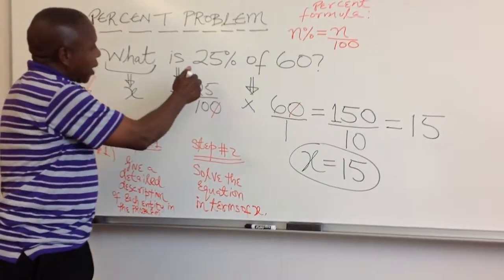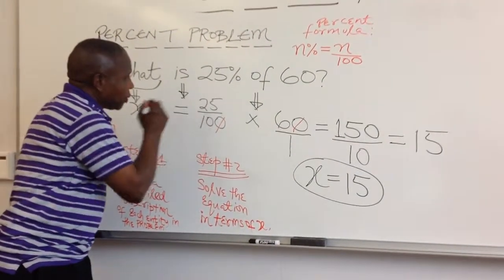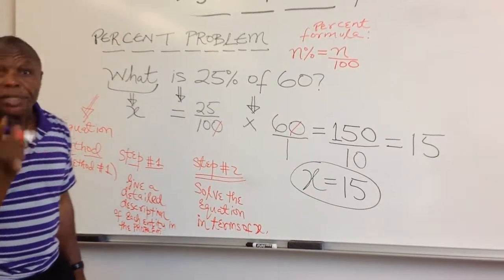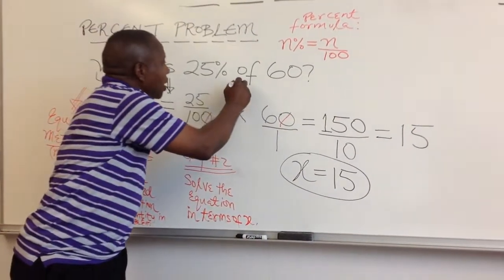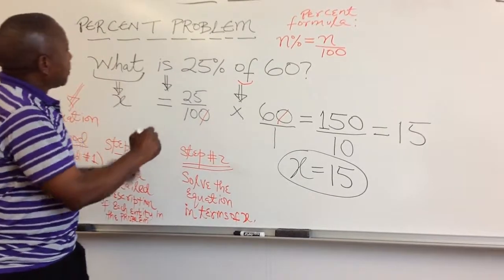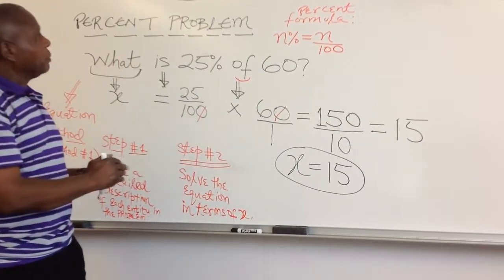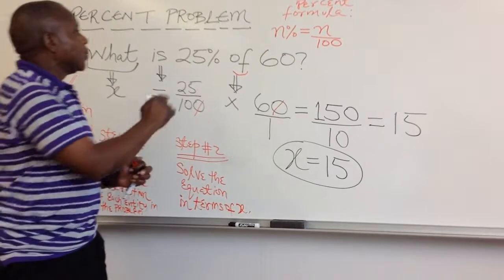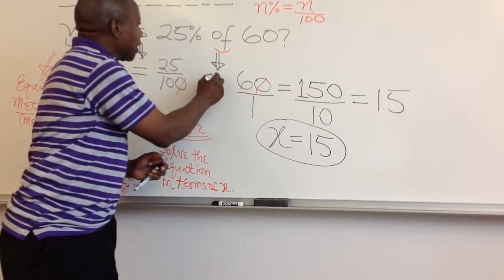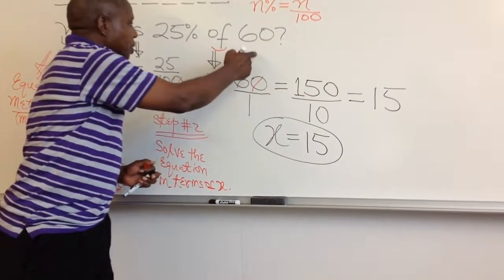So that was why we were able to write this 25% as 25 over 100. And notice that wherever we see the word of in solving a percent problem using the equation method, we know that of is the same thing as multiplication. And then we wrote the 60 as 60 over 1.